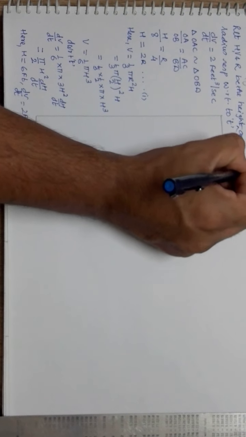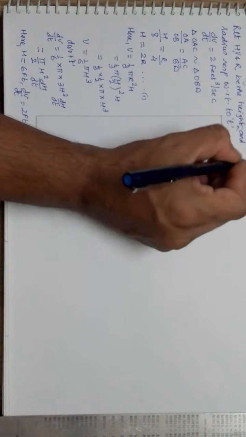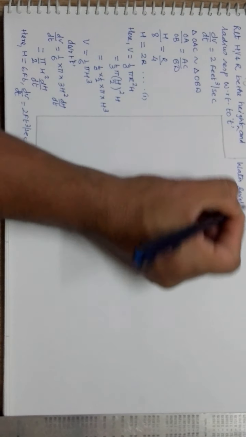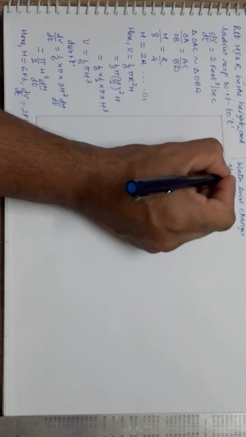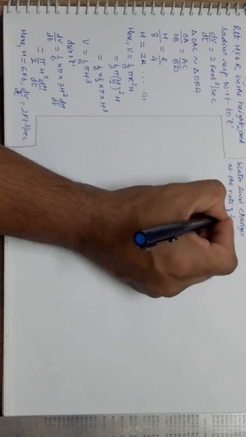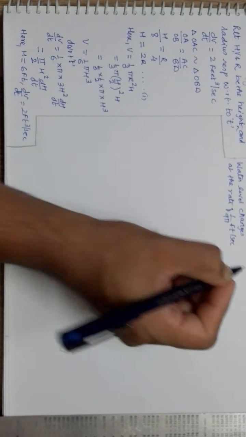So dH by dt is equal to 1 by 9 pi, which is the change in water level. Therefore water level changes at the rate of 1 by 9 pi feet per second.